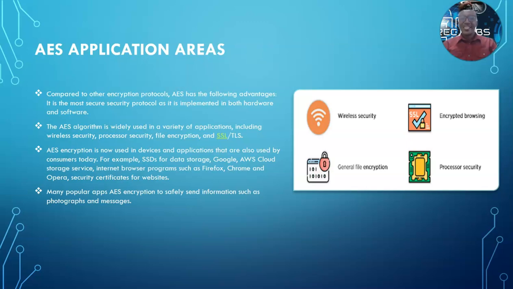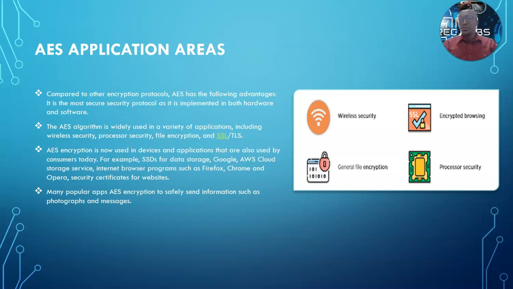AES application areas: it is mainly used compared to other encryption algorithms and protocols. It's the most secure security protocol, implemented in both hardware and software, with various applications. If you're doing SSL, TLS, it's now used in device applications. If you look at Google Storage, AWS Cloud Storage, and many popular apps, they are using AES encryption to safely send information such as messages.